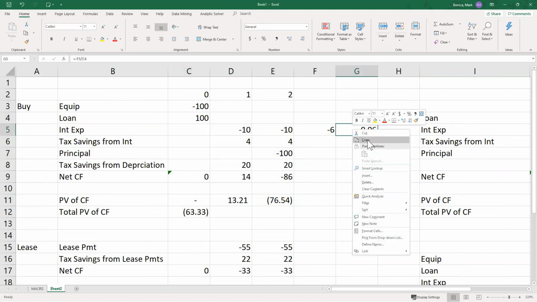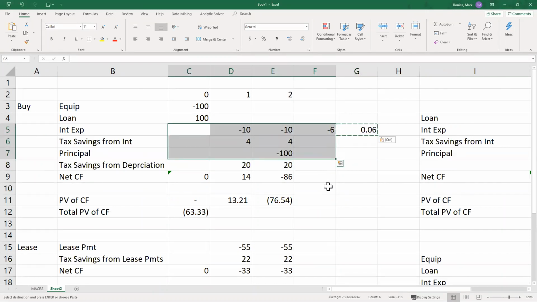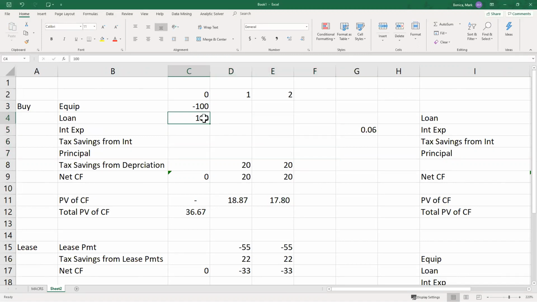Let me copy, paste the value here. I can just delete out this whole section that has to do with financing. So the whole financing portion can be just deleted, and you can focus just on the purchase of the equipment and the effect of the depreciation. Okay.